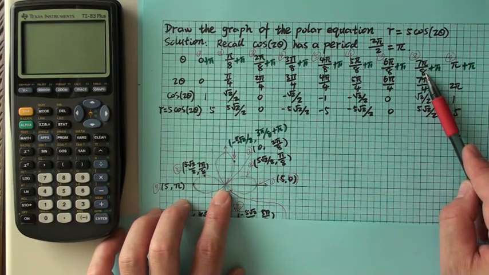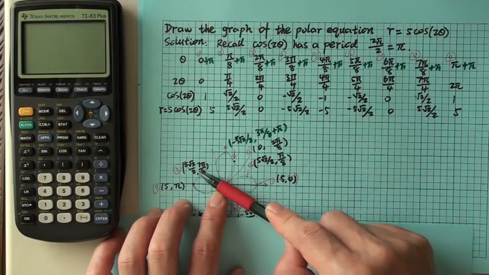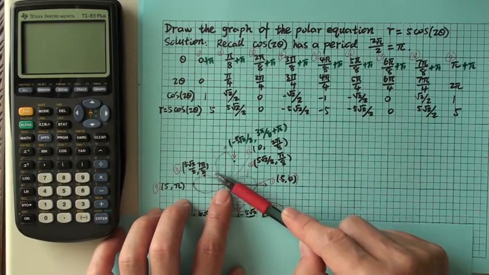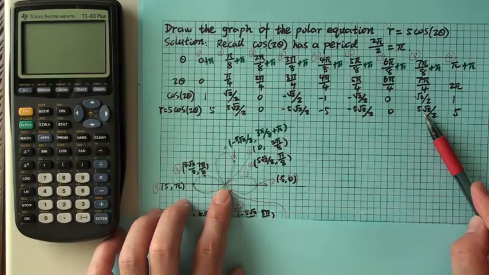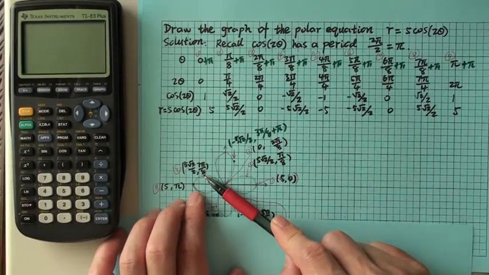And here is 7 pi over 8. Okay, 7 pi over 8 is like 135 degrees plus 22.5 degrees. So this is the angle. Okay, and then it is positive, 5 times radical 2 over 2. So that's why the point is right here.